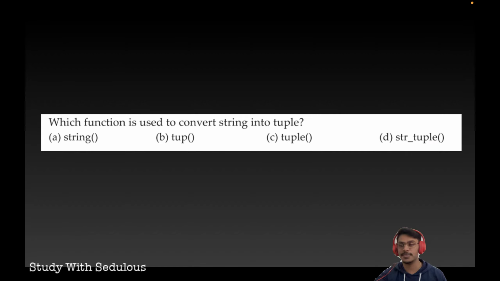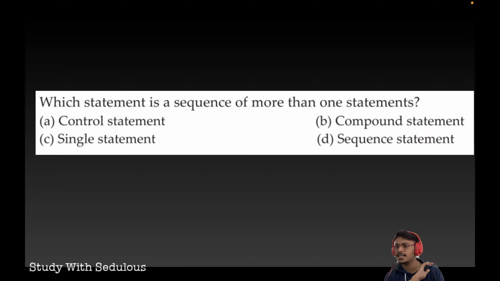Which statement is a sequence of more than one statement? This is actually a good question, but I don't think we have this in our syllabus. But it's logical. It's not a control statement. It's not a single statement. Why would they even call more than one statement a single statement?